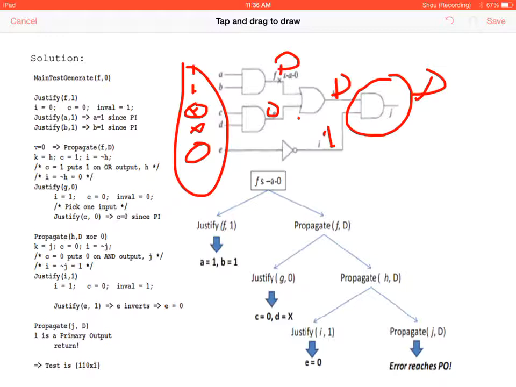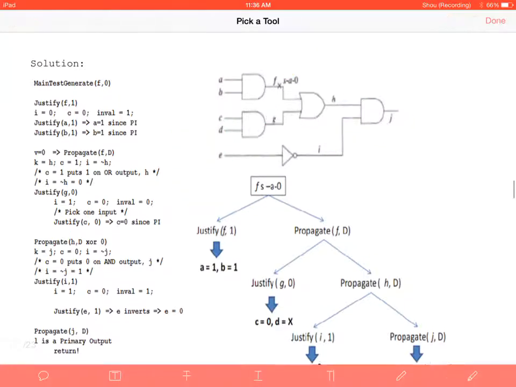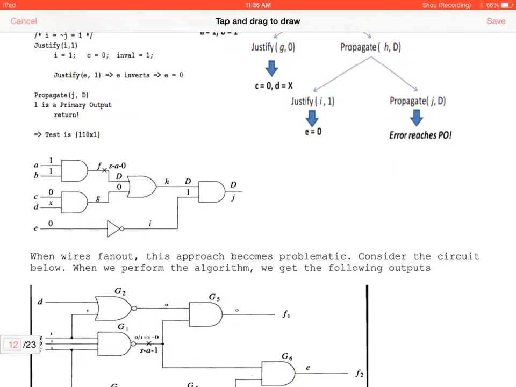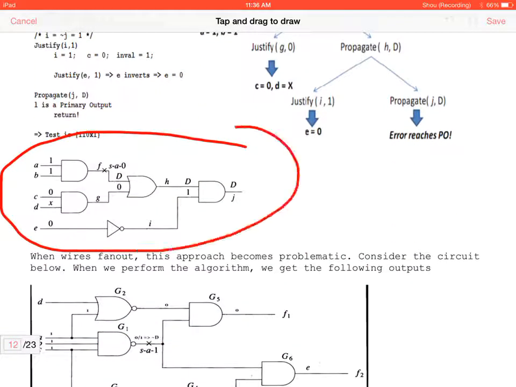What you would do if you were trying to generate a whole set of test vectors is, actually I'm getting a little ahead of myself here, but let's say this is the solution we just did. We started here, 0, so we set it to 1, we call justify. In order to get a 1, we have to have 1, 1 on the input, right? So then this becomes 1, 0, so it becomes D. In order to propagate, the propagate function determines what we need to do.